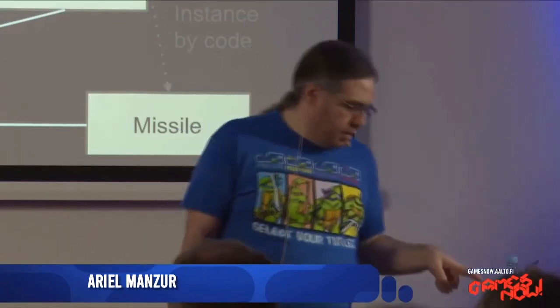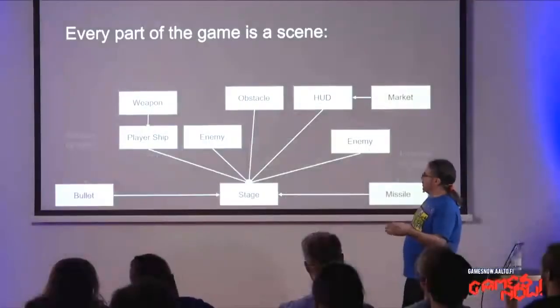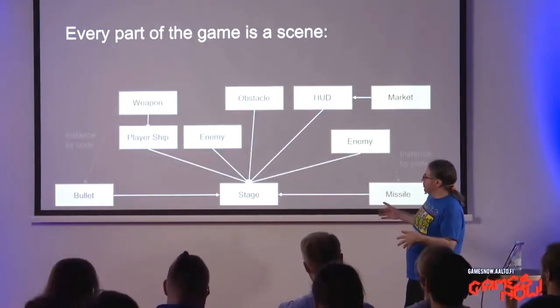So basically we abstract all the parts of the game as scenes, right? So we have a stage with an enemy, we have a ship, we have a weapon. The weapon will shoot bullets, and we instance them with code, and we just add them to the scene, and they add them to the stage, maybe.